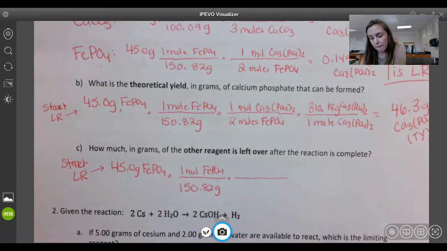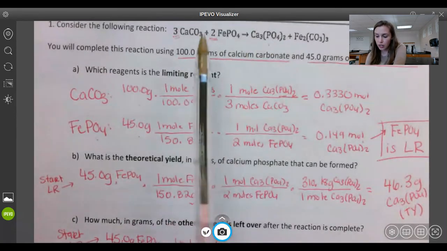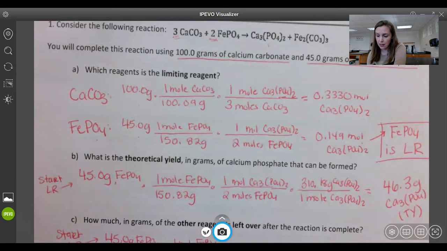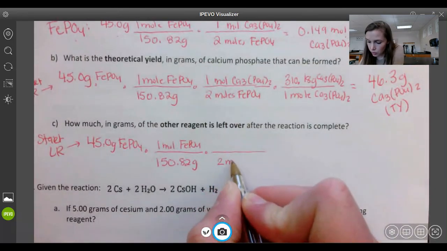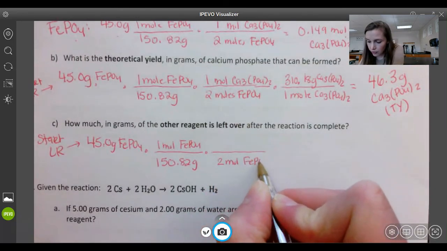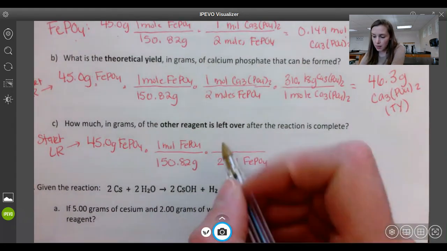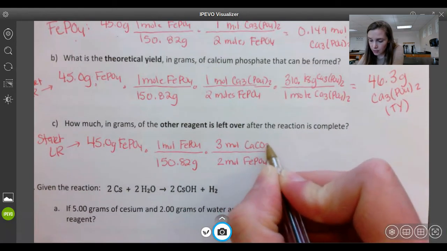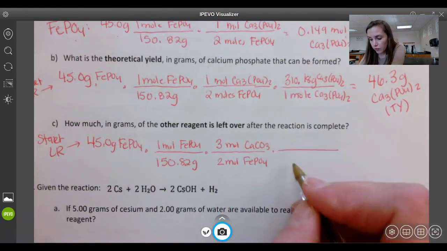I'm just going to get it into moles, and then I will use that to relate it to my other reactant. Okay, using that balanced equation, for every 2 moles of iron 3 phosphate, it's going to react with 3 moles of the calcium carbonate. So again, that's going to be 2 moles of our iron 3 phosphate. Okay, this is where labeling comes in to make sure you get the 2 in the denominator, and that's equivalent to 3 moles of the CaCO3. Okay, I want to know how many grams are involved with this.